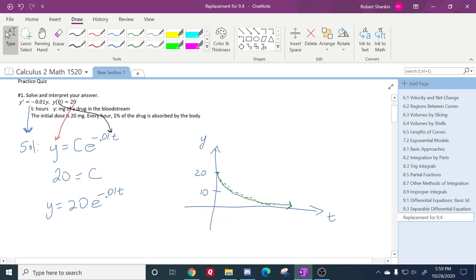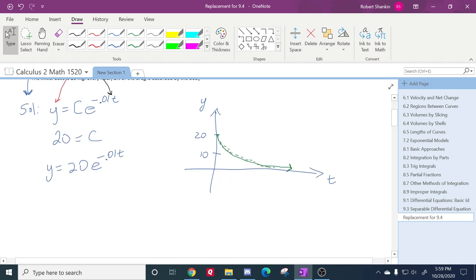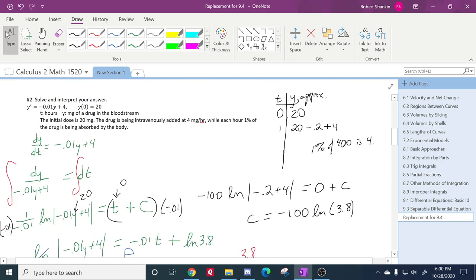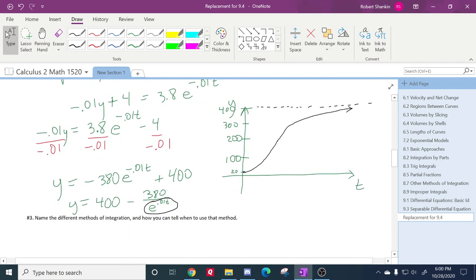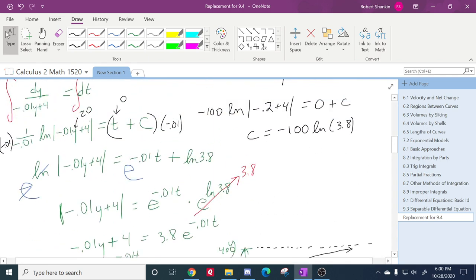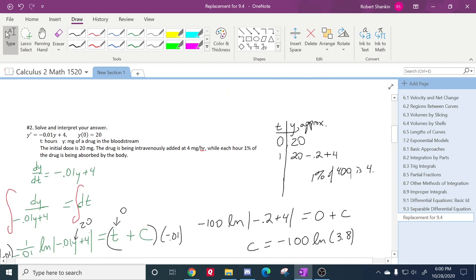And this e to the negative 0.01 t does show up again over here, but it has these coefficients and this sum that really makes sense. And one thing I want to do, because it's so important, is why 400 was so big. You're losing 1% per hour.